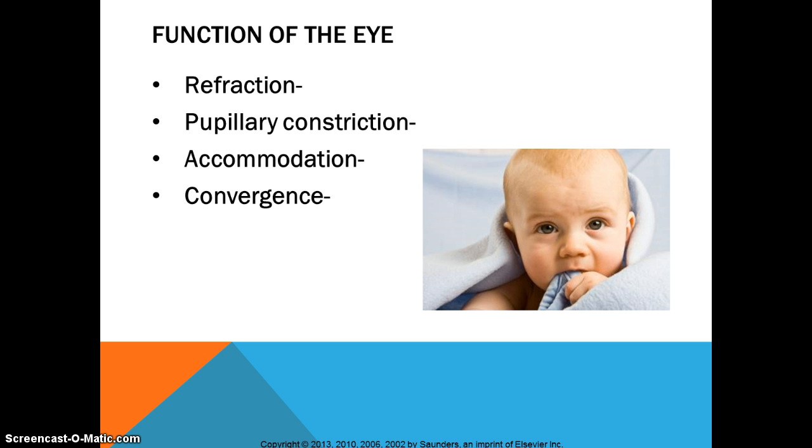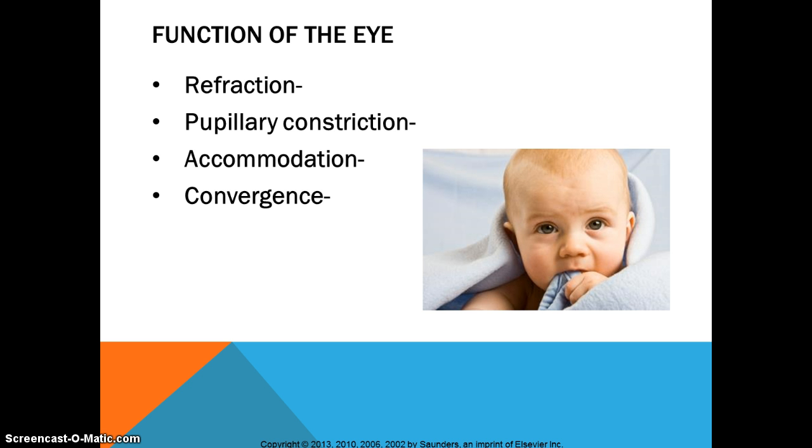Pupillary constriction and dilation control the amount of light that enters the eye. And accommodation allows the healthy eye to focus images sharply on the retina, whether the image is close to the eye or distant. The process of maintaining a clear visual image when the gaze is shifted from a distant to near object is known as accommodation.